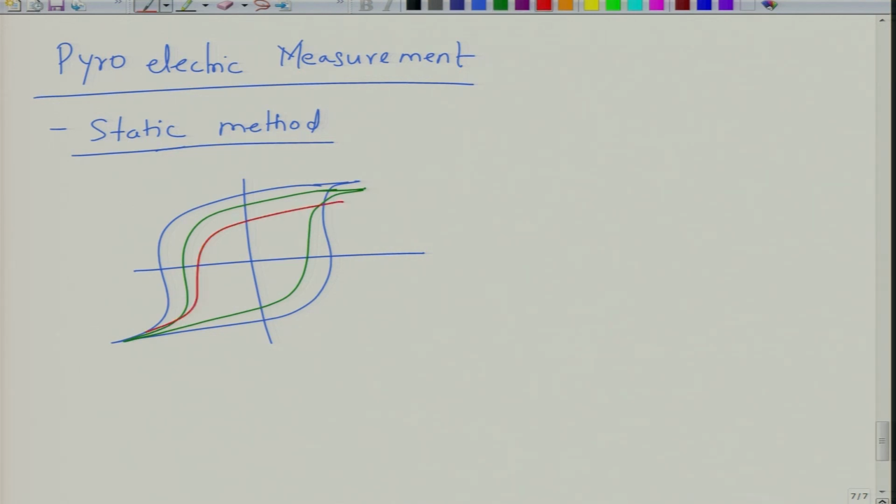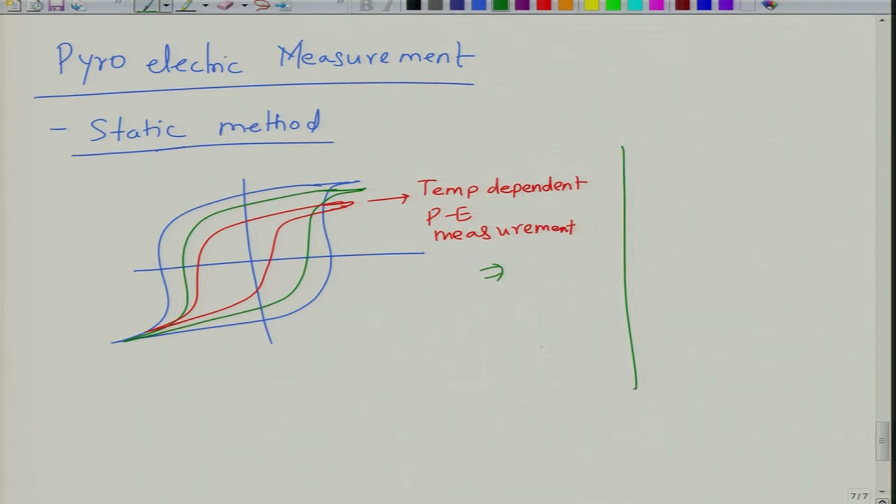So basically you make temperature dependent PE measurements, and from this you can plot polarization as a function of temperature.